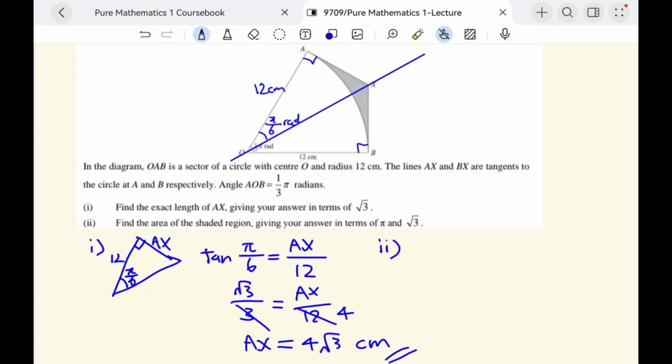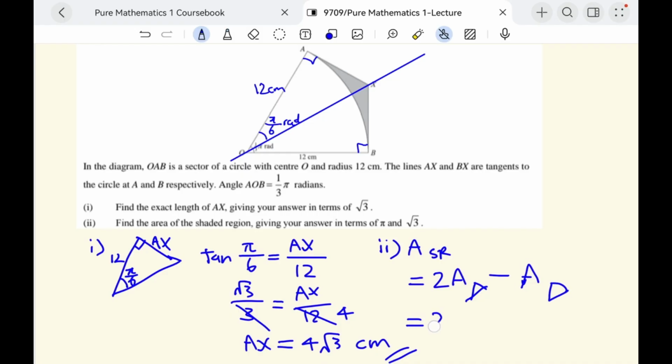So the area of the shaded region equals twice the area of the triangle, since the two triangles are identical and congruent, deduct away the area of the sector ABO.